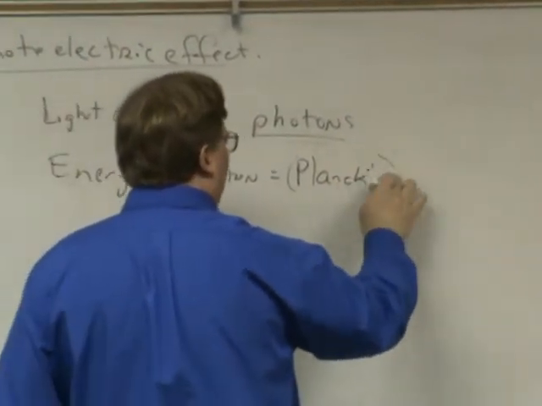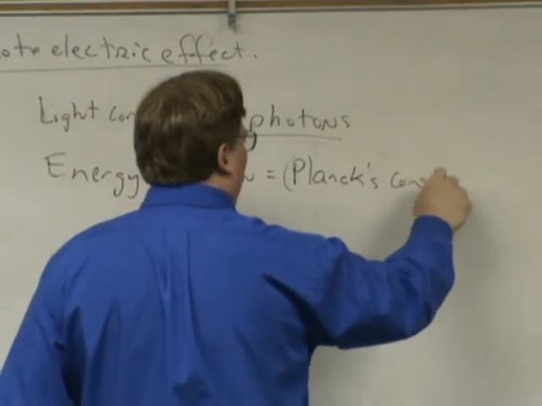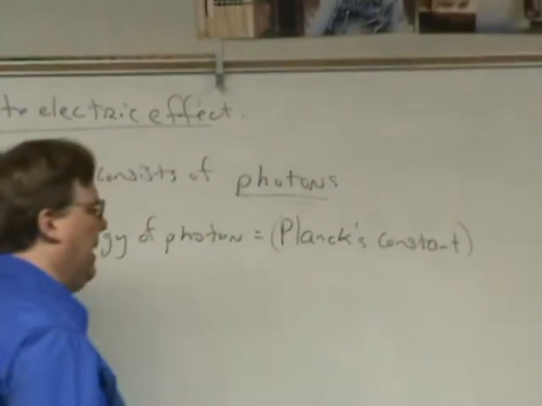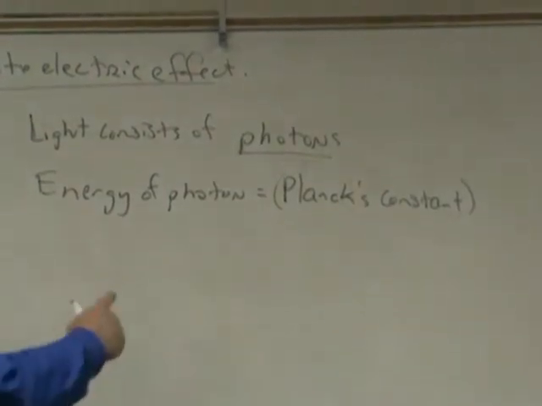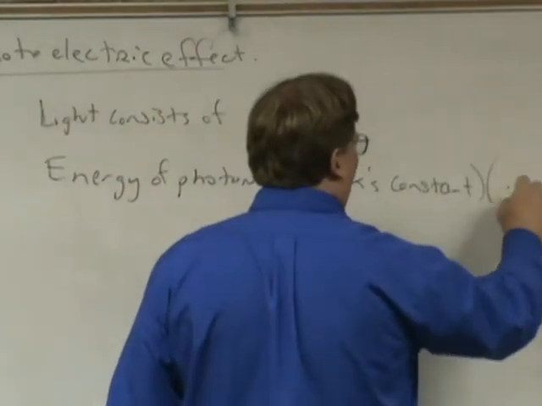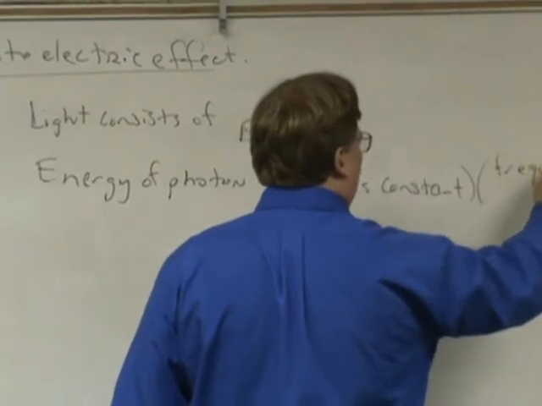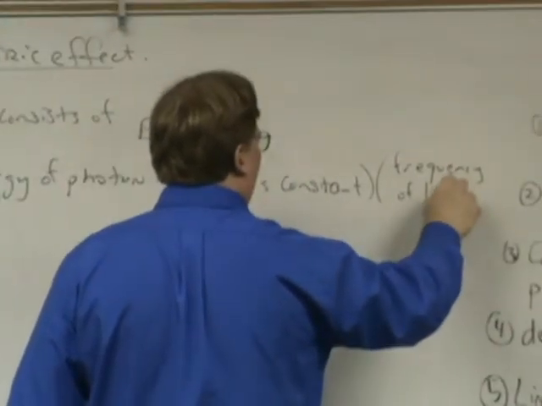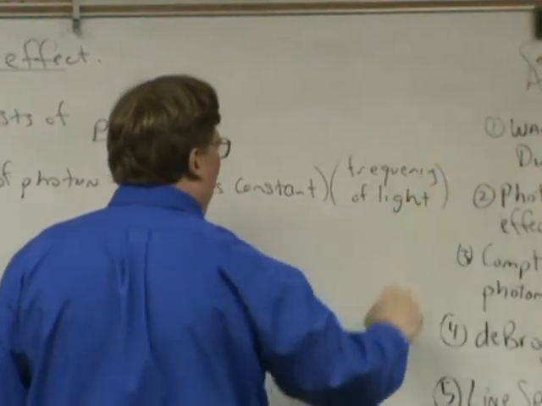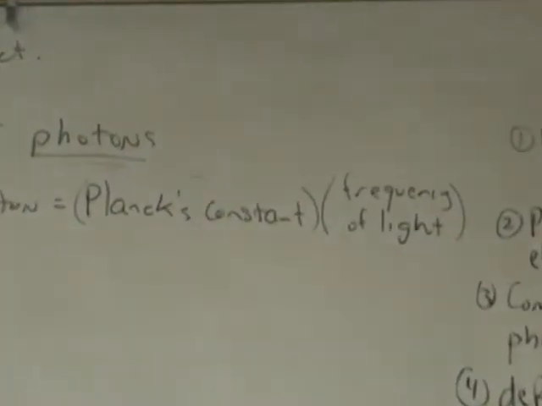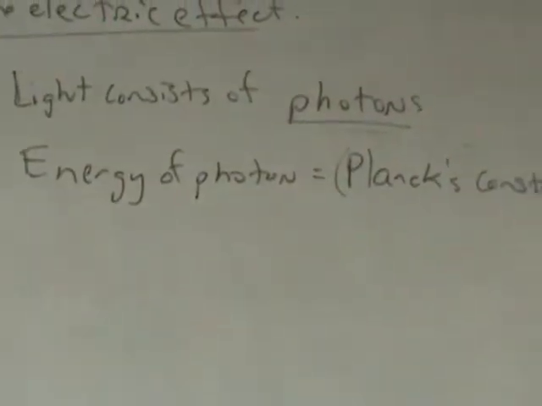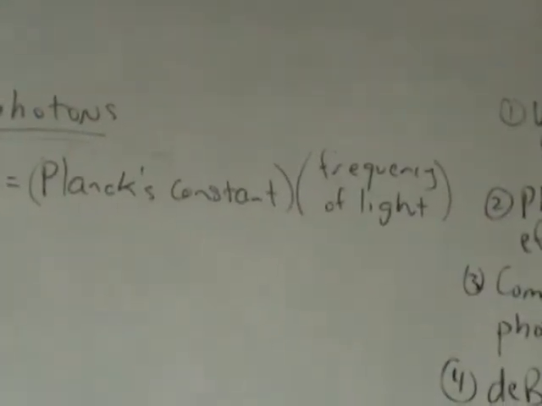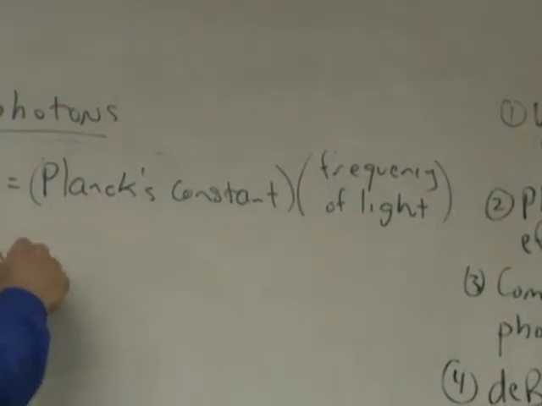This man named Max Planck, who had done work with black body radiators, which Albert Einstein used to make his conclusions, multiplied by the frequency of the light. And when I say light, I'm thinking in terms of just the electromagnetic wave. It doesn't have to be visible light. It can be infrared, ultraviolet, X-ray, whatever. And so we tend to write it like this: E equals hf.